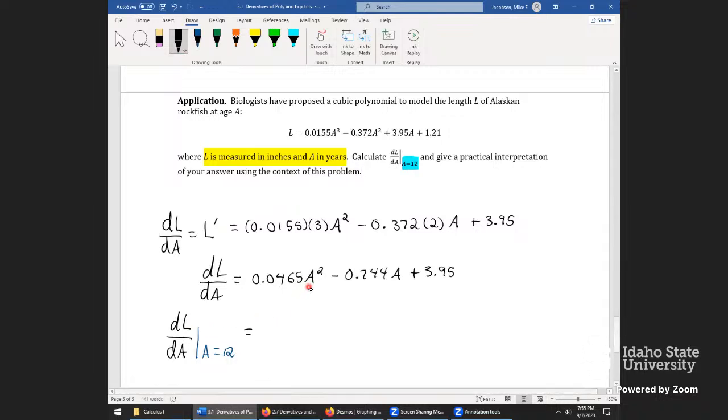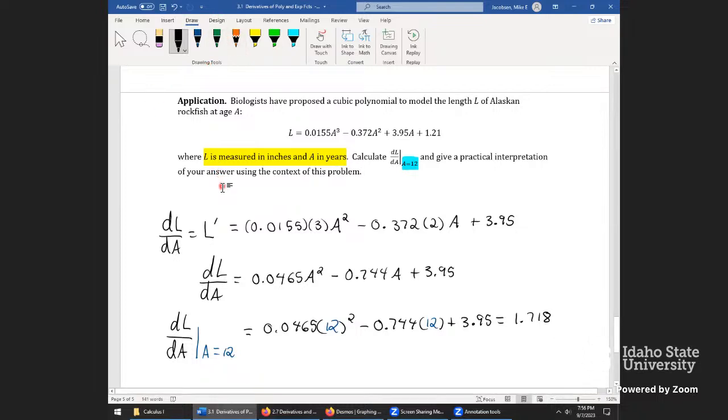Go to where A is and plug in 12. 0.0465 multiplying 12 to the power 2 minus 0.744 times 12 plus 3.95. Then this all together, when you jam into the calculator, I got 1.718. Well, we've got it, folks.